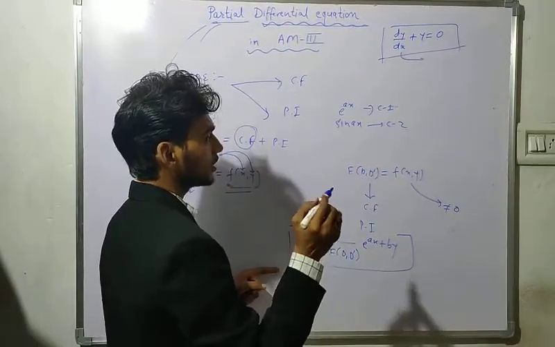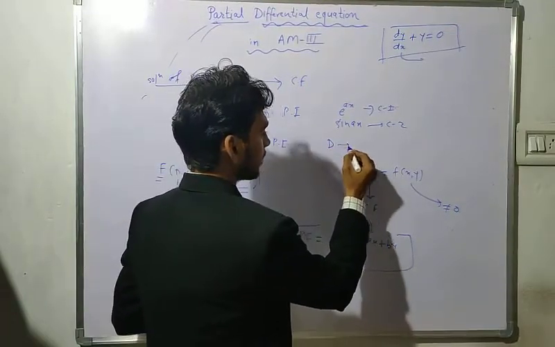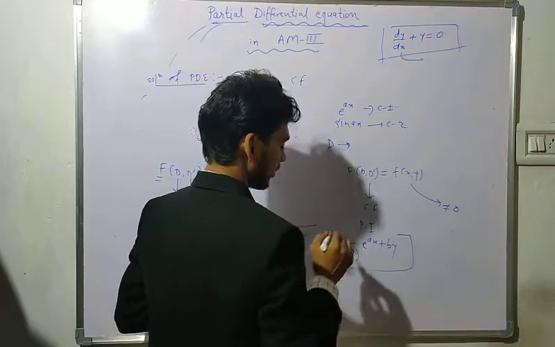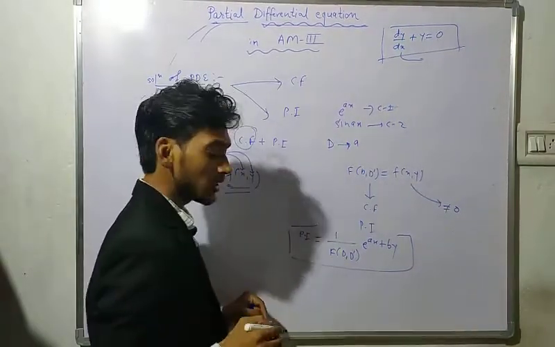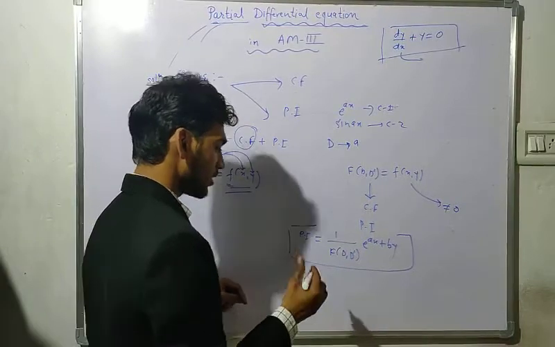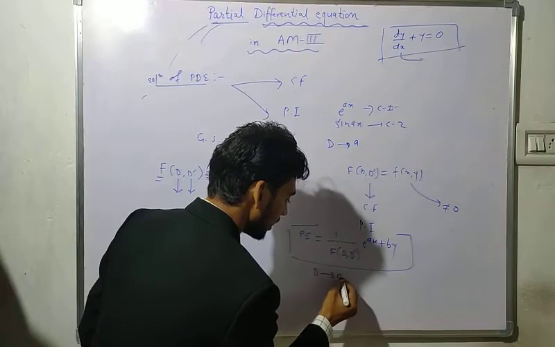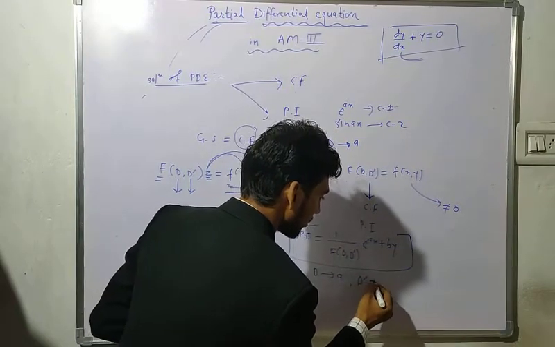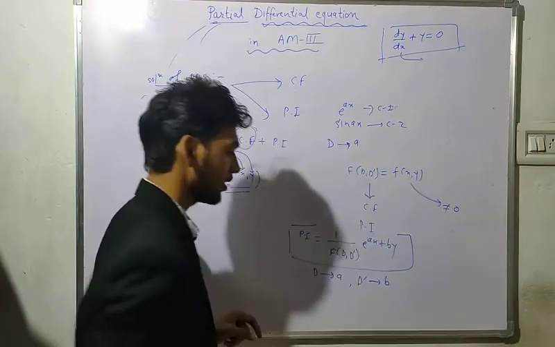So in first year, in order to find the PI, we replace D by a. But in partial differential equations, in second year, we will replace D by a and D dash by b.